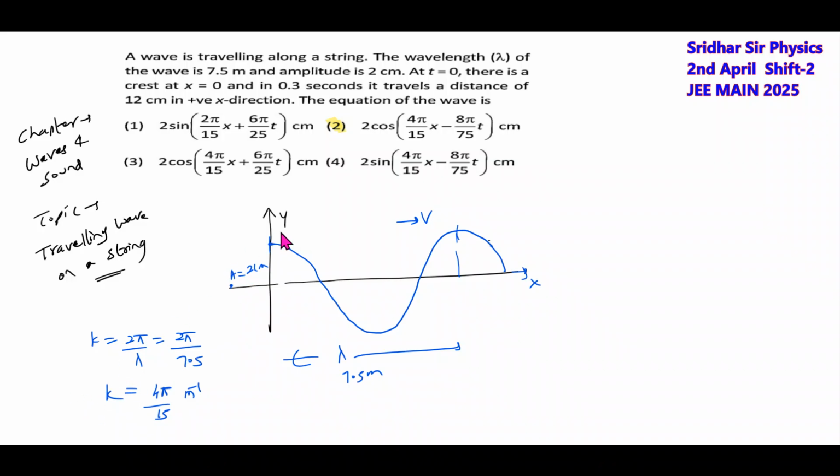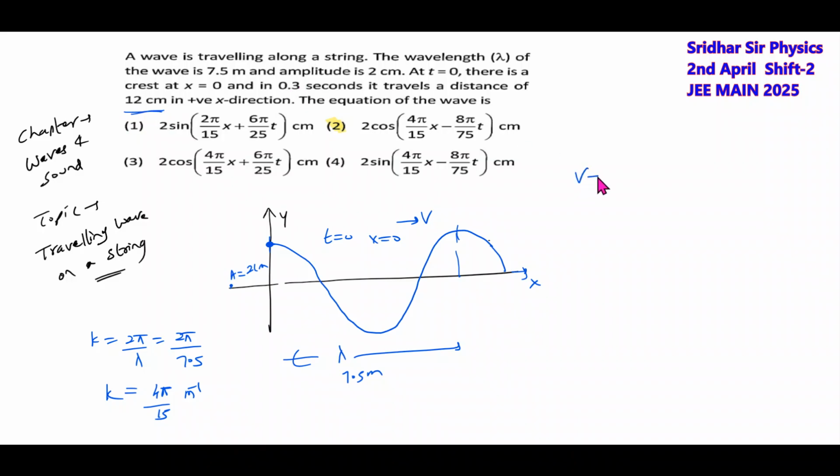At t equal to 0, the crest is at amplitude of 2 centimeter. So definitely we have to take the cos equation, and the wave is propagating along positive x-axis. We don't know omega, but he has given some information. The crest will travel a distance of 12 centimeters in 0.3 seconds.